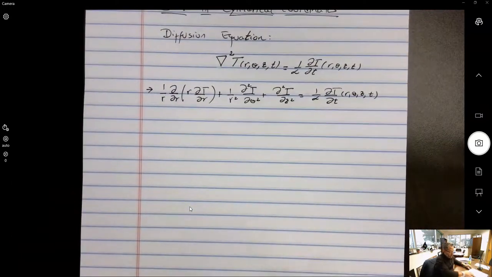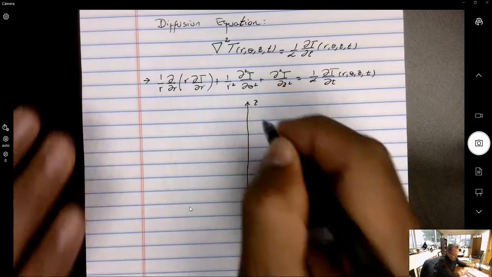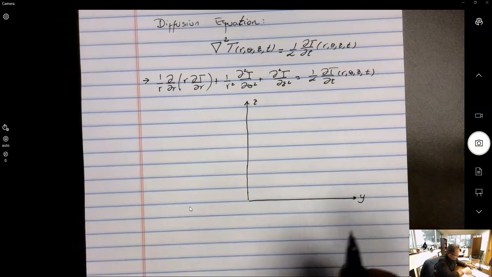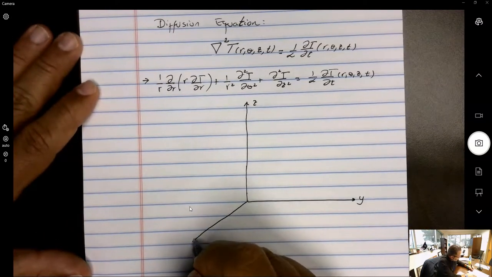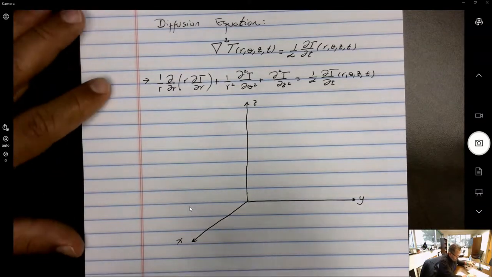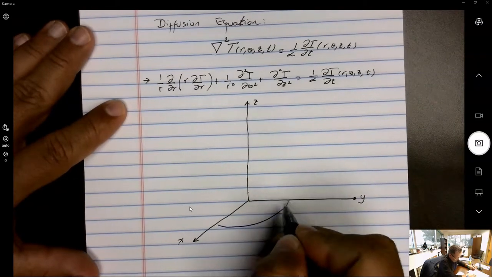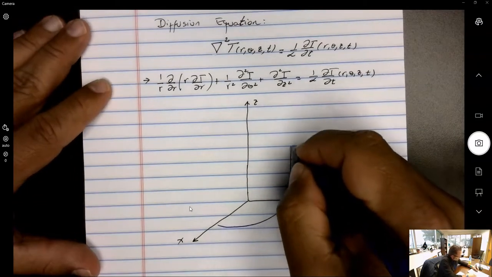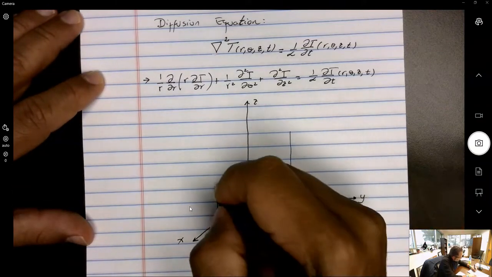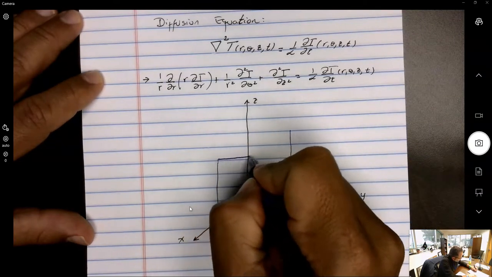And to illustrate this, the coordinate system, remember, is the z-axis, the y-axis, and the x-axis, and this would be the cylinder, so something like this.